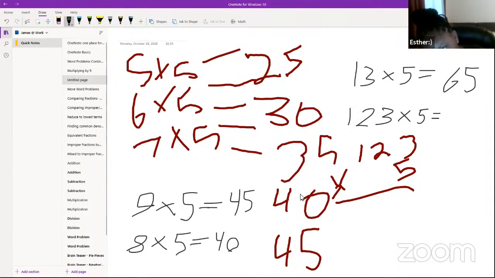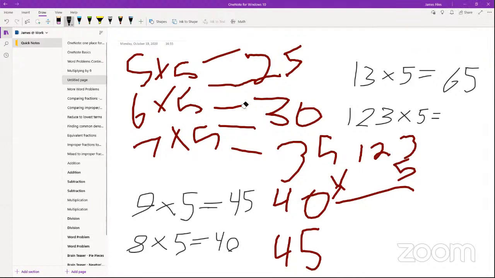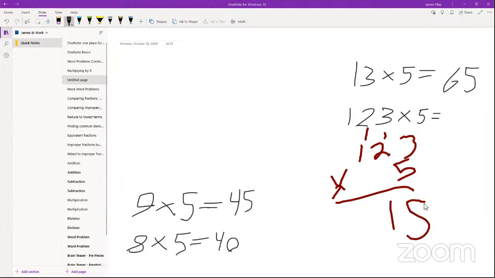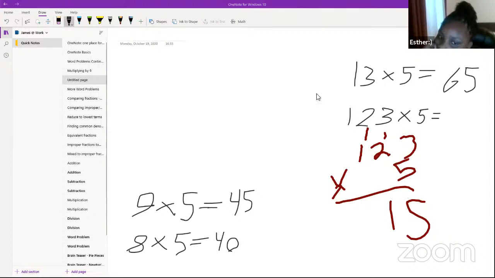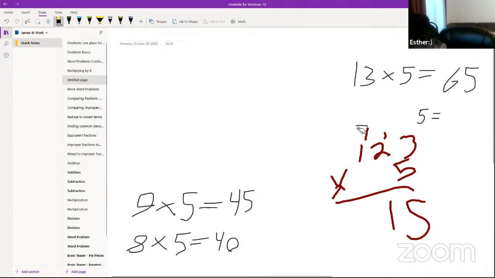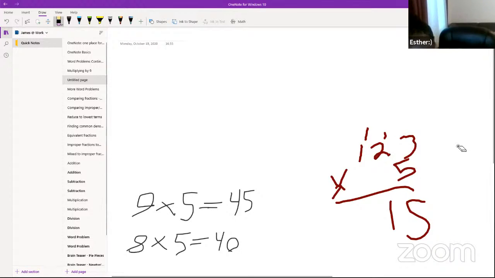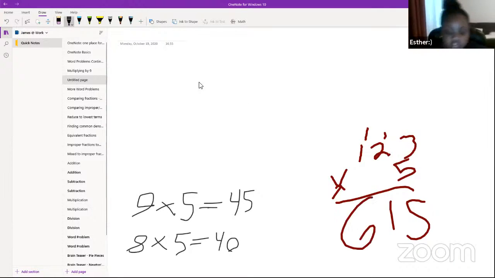And then 2 times 5 is 10. 10 plus 1 is 11. Good. 1 times 5 is 5. Yeah, 1 times 5 is 5. That's going to be 615.